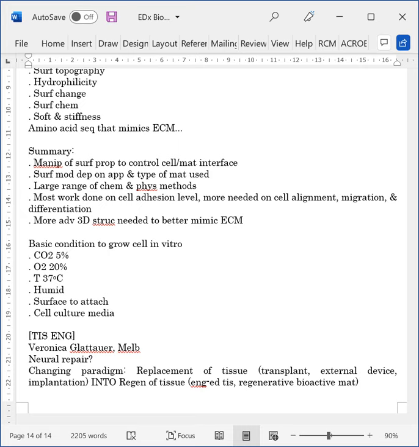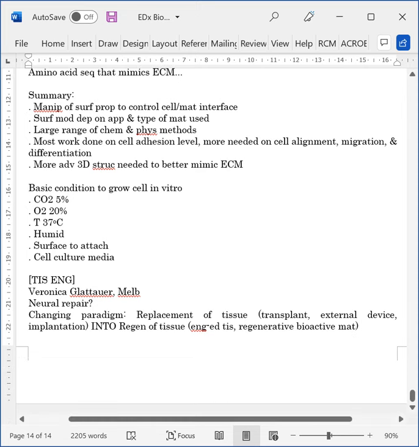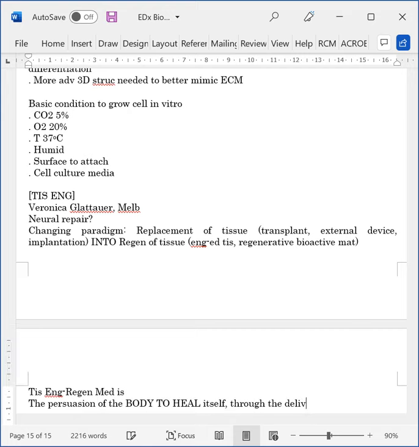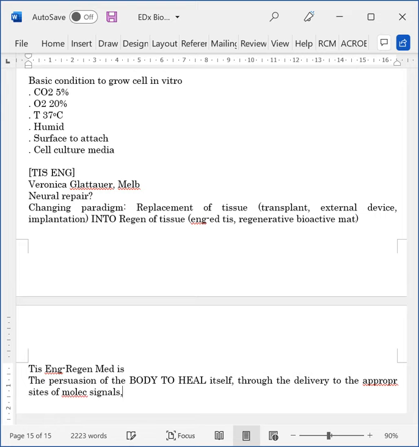So what is tissue engineering or regenerative medicine? Unlike a biomaterial, tissue engineering is the persuasion of the body to heal itself through the delivery to the appropriate sites of molecular signals, cells, and supporting structures, and in particular, to heal itself with normal functional tissue.